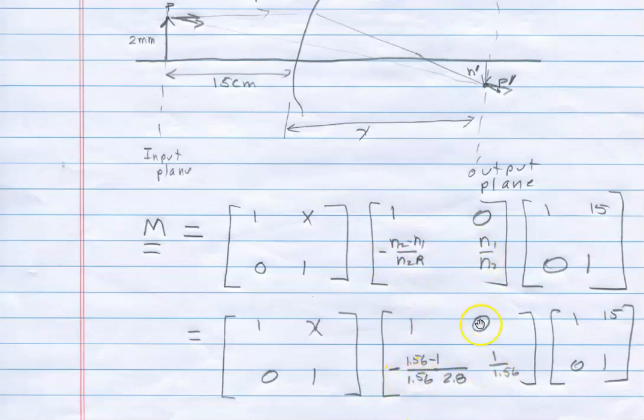And then I have 0 for this element. So I've got these two. That gets me just on the other side of this interface. And then I do another translation, this time by a distance x, which I need to find. So I just leave that as an unknown.